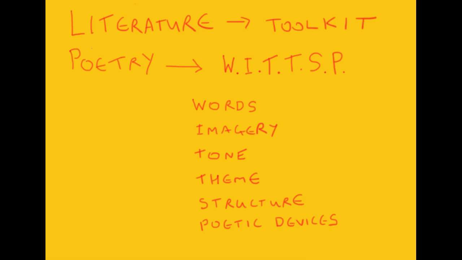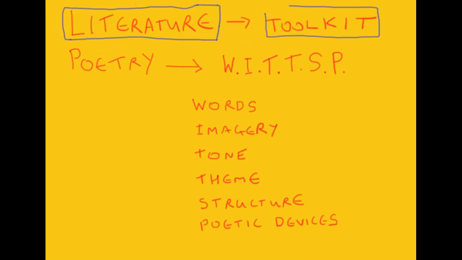In the last tutorial I mentioned the idea that for each part of literature that you will be looking at in your exam, for example poetry, prose passages, essays and drama, you can employ a toolkit which helps in your analysis of that particular piece of literature.